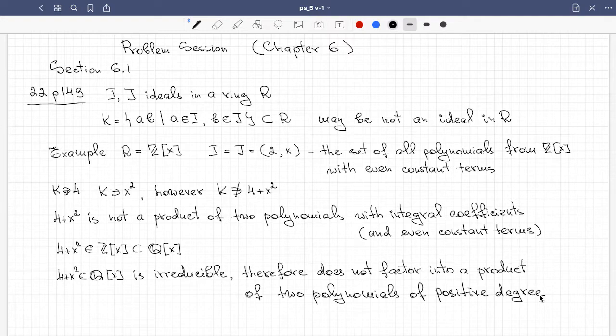In principle, an irreducible polynomial may factor, but this one has degree 2.